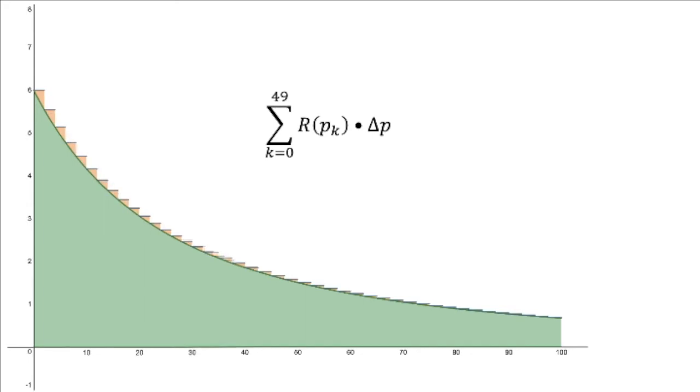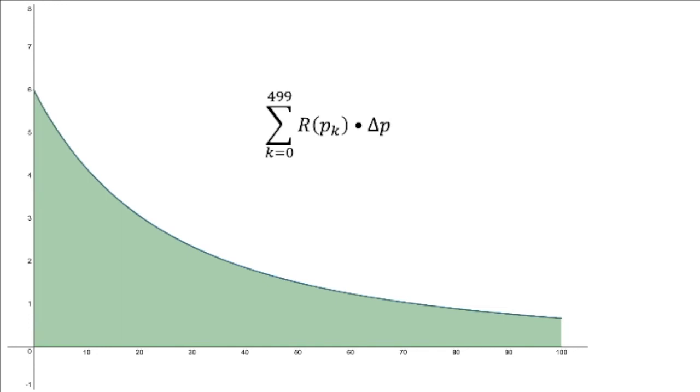Or 50 intervals? Or 75? Or 100? 200? Or 500? You can see that in this sequence, as the number of intervals gets larger, the amount of error gets smaller, and the value of the Riemann sum approaches the actual amount of accumulated dust.